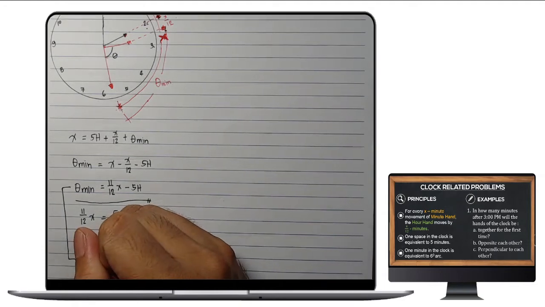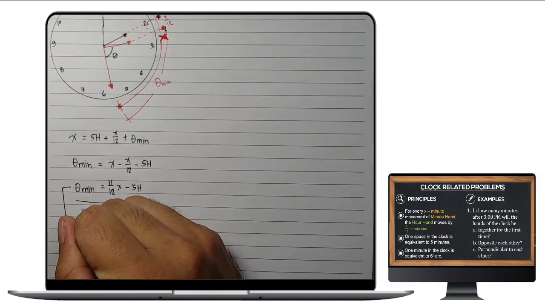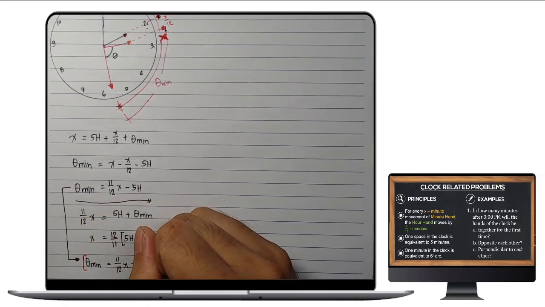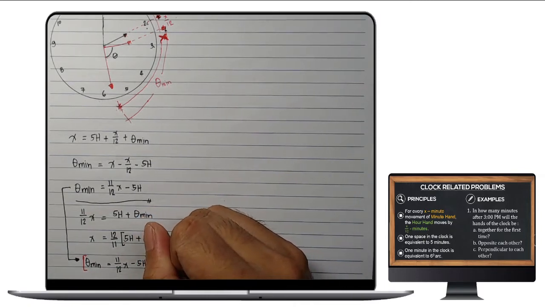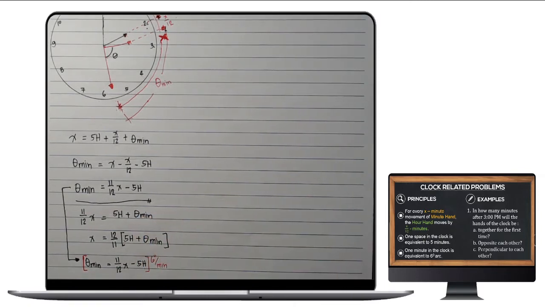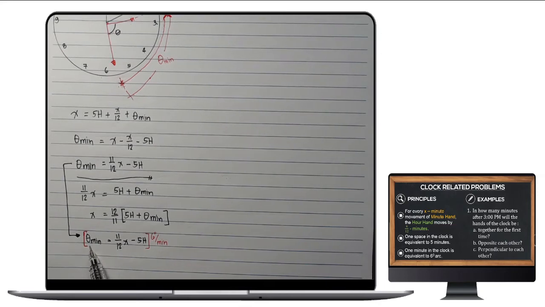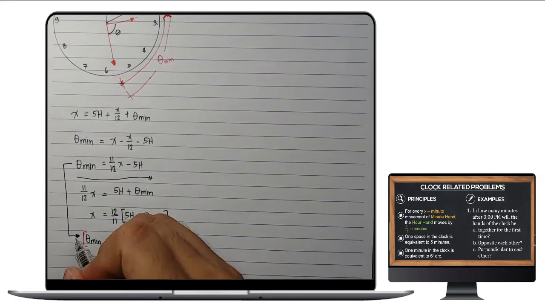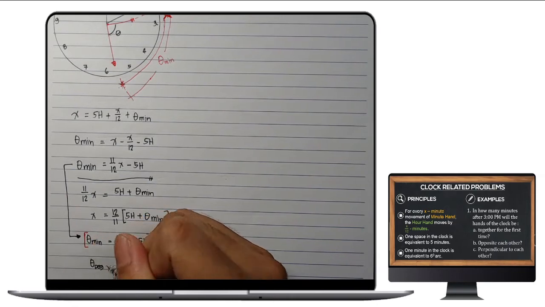Convert natin yan using the factor, 6 degrees per minute. Using this conversion of 6 degrees per minute, our theta in minutes becomes theta in degrees. So we will have theta in degrees.